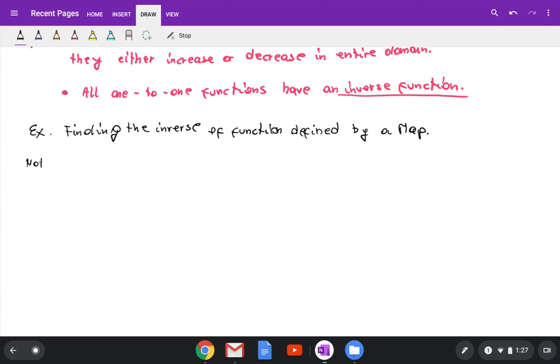Couple of notes before we move on. Let's just review the inverse function.